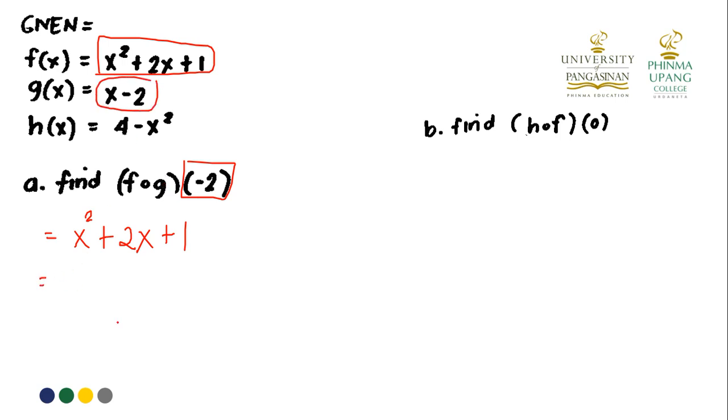Since it is a trinomial, we have two variable x. We're going to substitute the value of x with x minus 2. So it goes like this: x minus 2 raised to 2, plus 2 times x minus 2, plus 1.